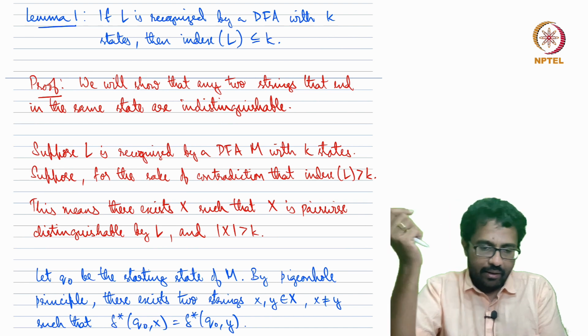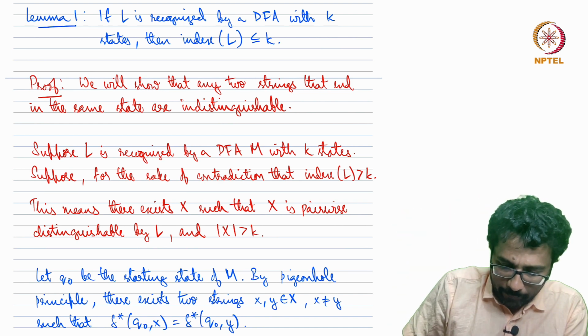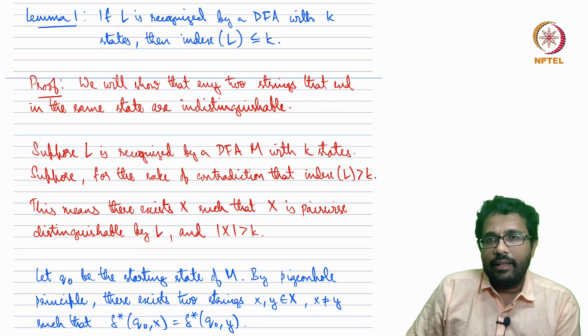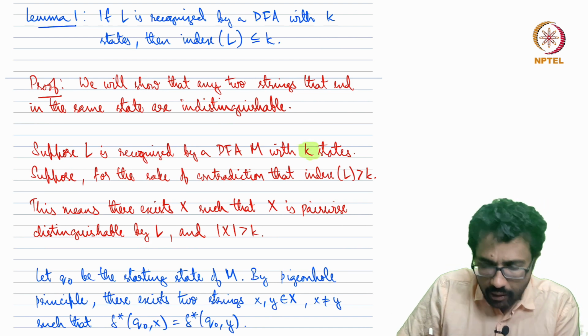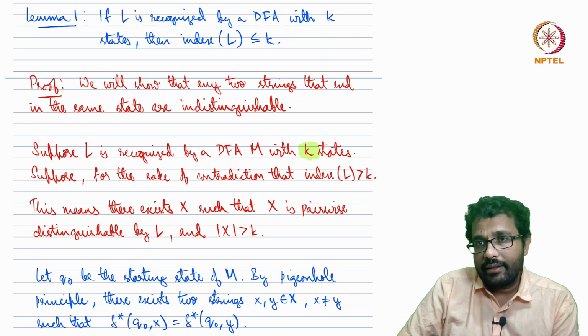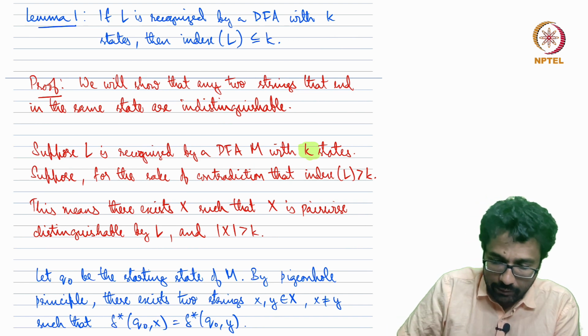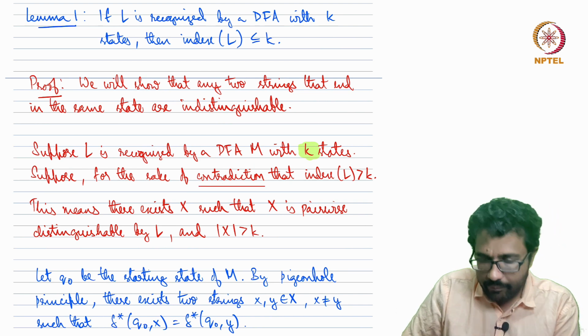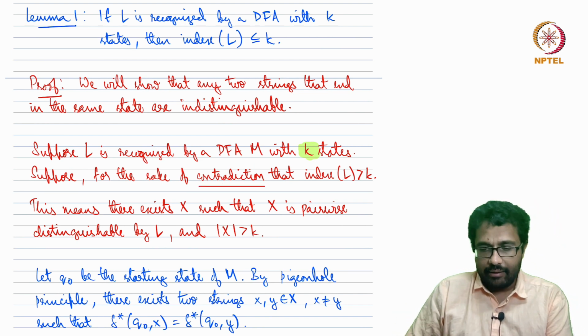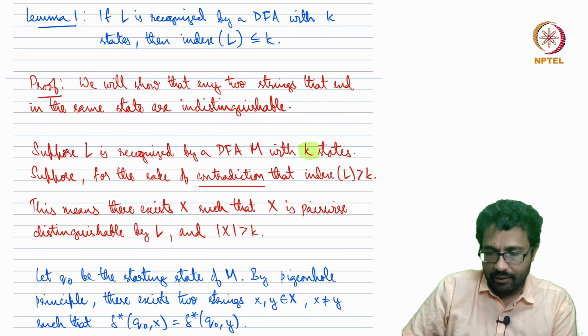So let's see. Suppose L is recognized by a DFA M with k states. And suppose for the sake of contradiction, the index is more than k. Now we'll show a contradiction to this assumption.